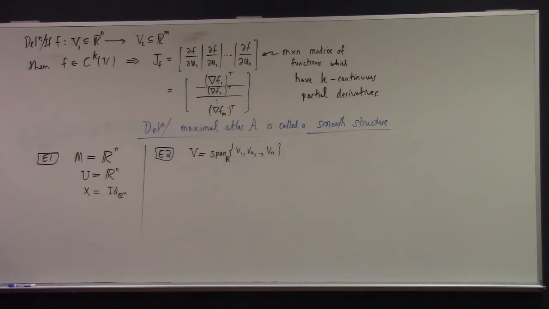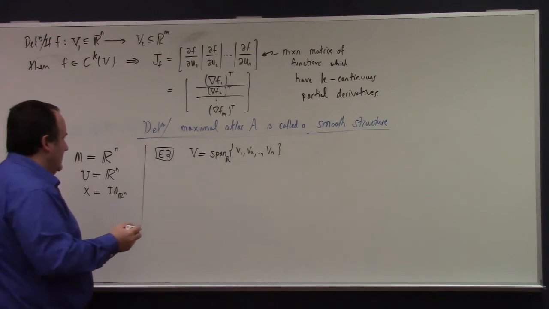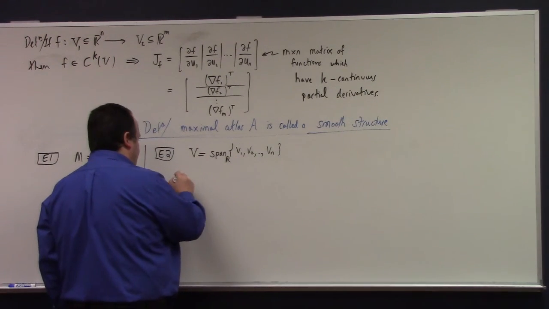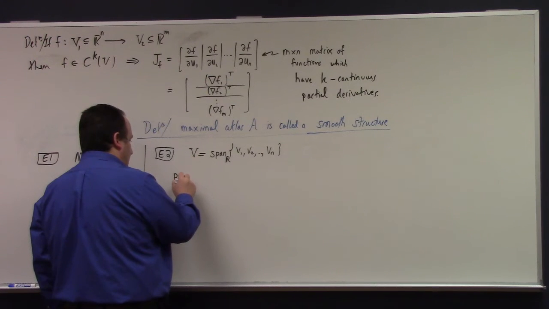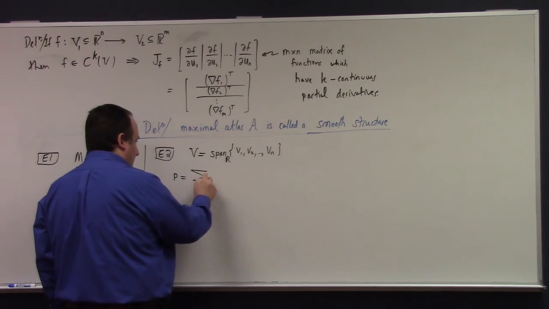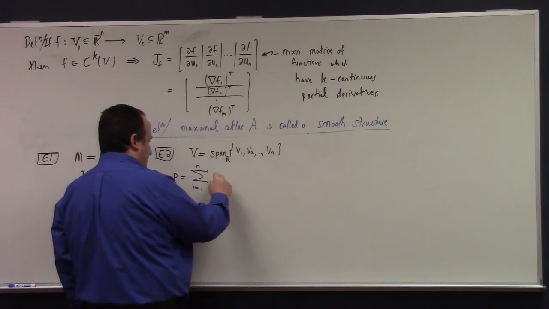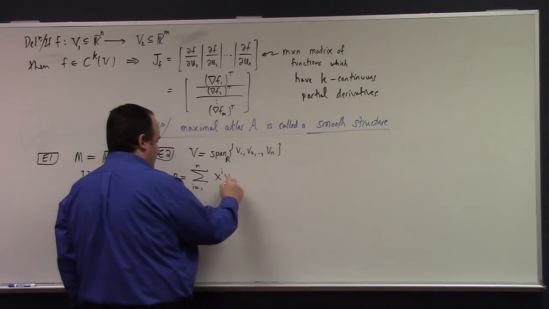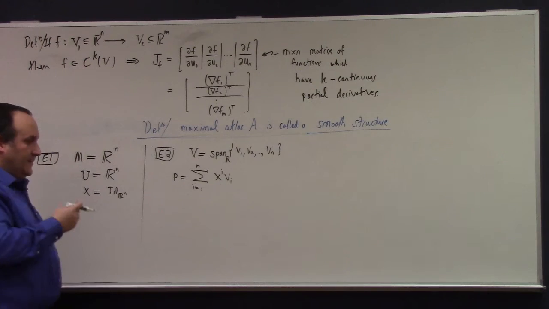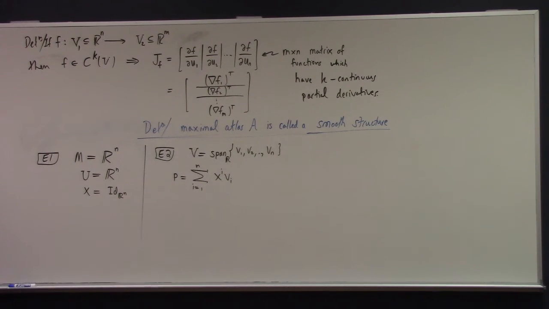In this case, what does a typical point in the vector space look like? The sum from i equals 1 to n of x upper i, v lower i. We like to use upper i for the coordinates in a manifold.